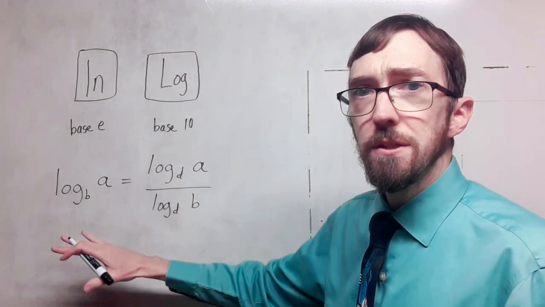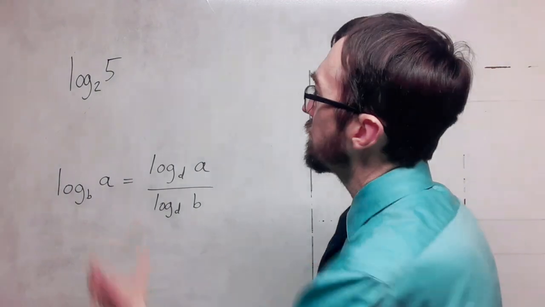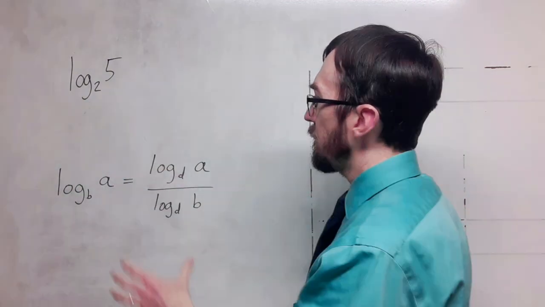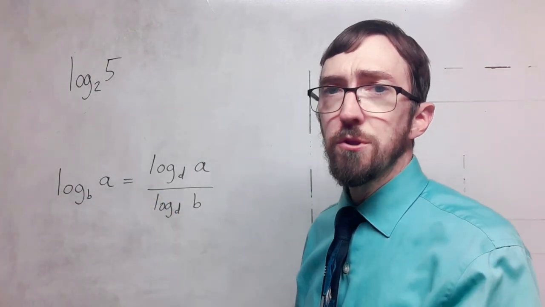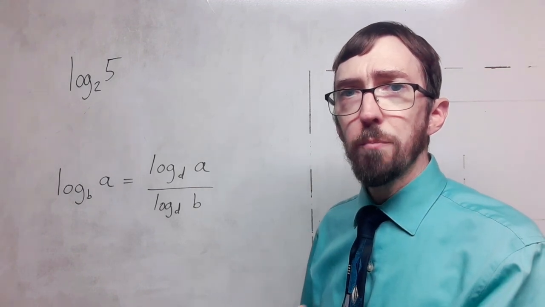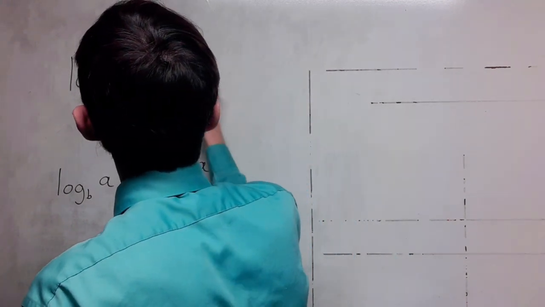So let's get a demonstration of that. We don't have a button for the log of base 2 here, but we can use this formula to convert this to something that we do have a button on our calculator for. Let's say we want to use the log base 10 option.